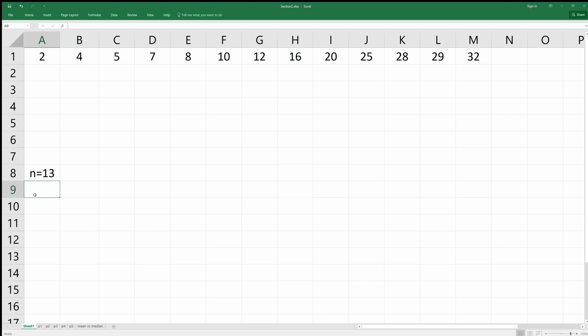I'm just doing it on the calculator here because you're not necessarily going to have Excel handy. 2 plus 4 plus 5 plus 7 plus 8 plus 10 plus 12 plus 16 plus 20 plus 25 plus 28 plus 29 plus 32.